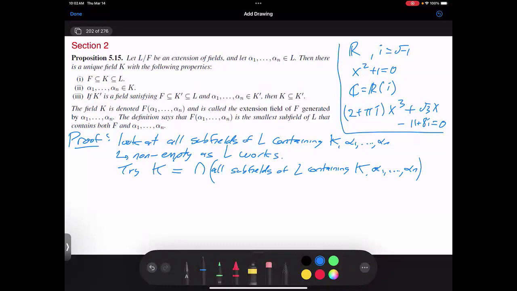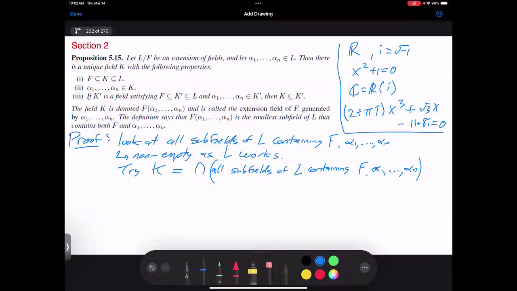What would we hope is true about this? Oh, sorry. Containing, it's not K, it's F. These should be F's, not K. Sorry, my apologies.